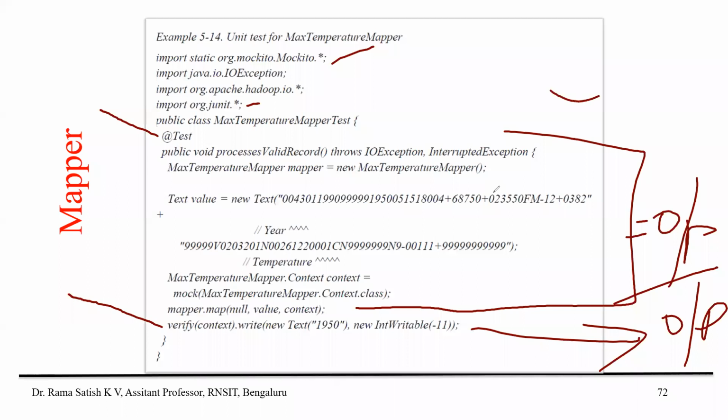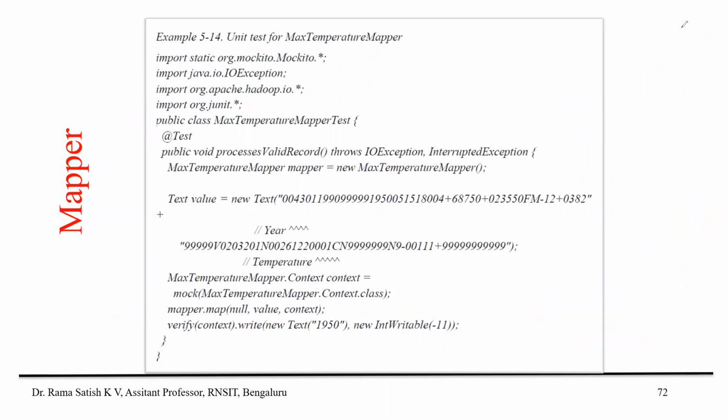If they match, your testing is right. That's what unit testing is all about. So here you are writing some value, -11, sorry, and it has to perform all these things. So that's about the mapper unit testing.